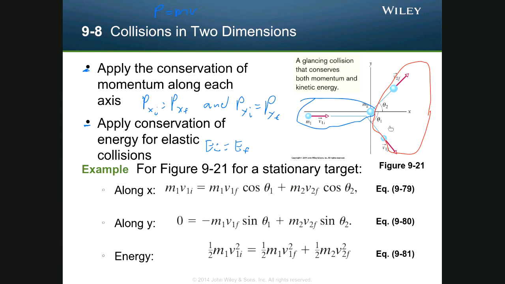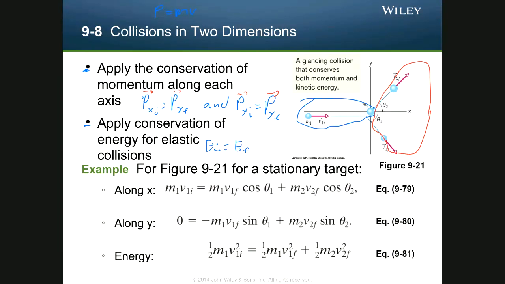But I want you to notice that when you're doing a momentum problem, you definitely have to have chapter 3 down, because momentum is a vector. We want to add our arrows, so we're going to have to regularly break our momentum into the correct components every time we do it.